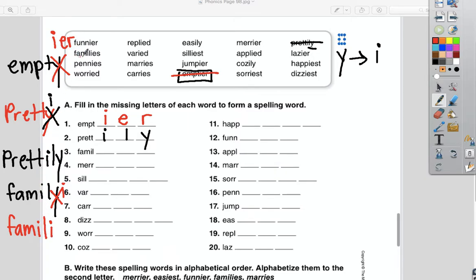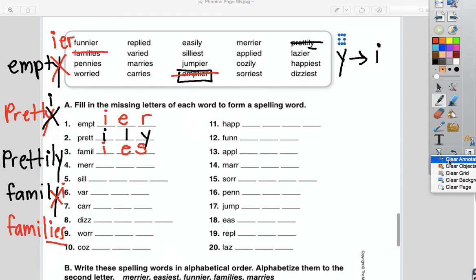And if you see here, families, they added an ES at the end. So on the line, we're going to write I-E-S. Okay, all you have to do for the first 20 questions is look at the word bank and just write the rest of the letters of the words on the line.